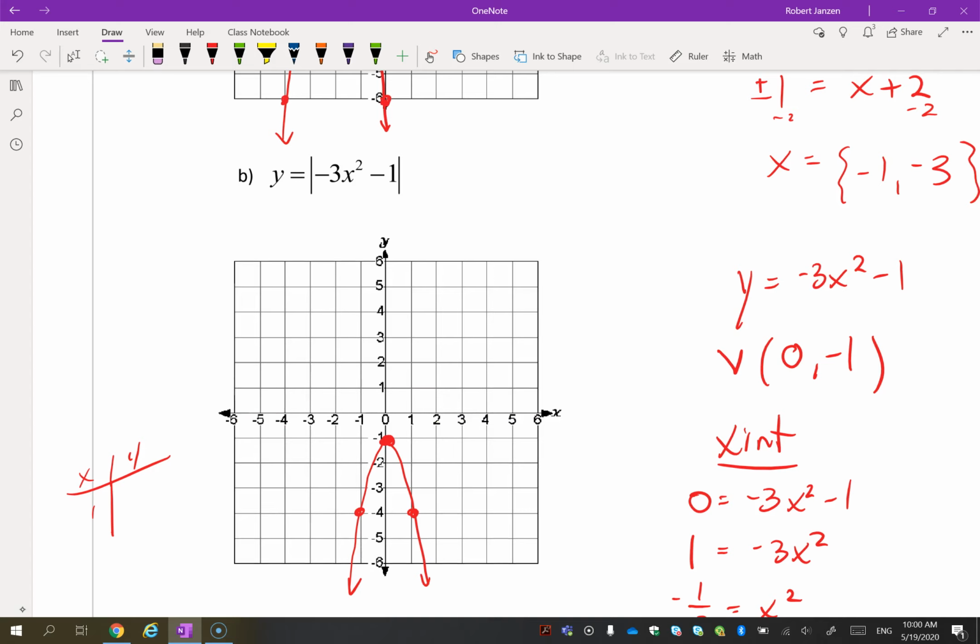There are none. What's positive? There's nothing positive. So I just have to take these 3 points and make them positive. So negative 1 will become positive 1, negative 4 will become positive 4. So this would be the absolute value.